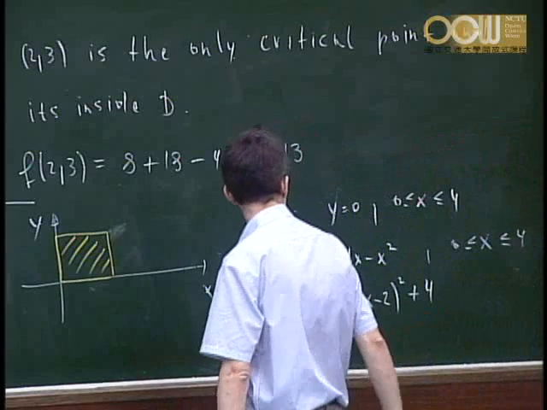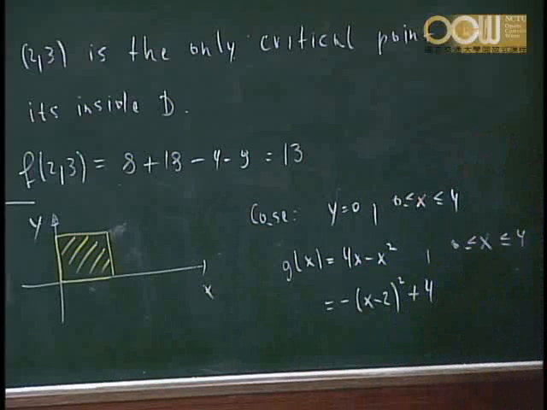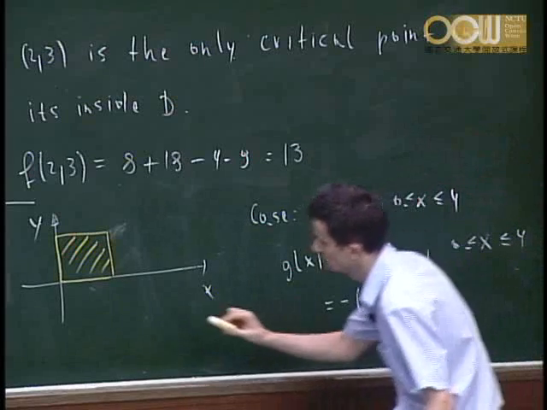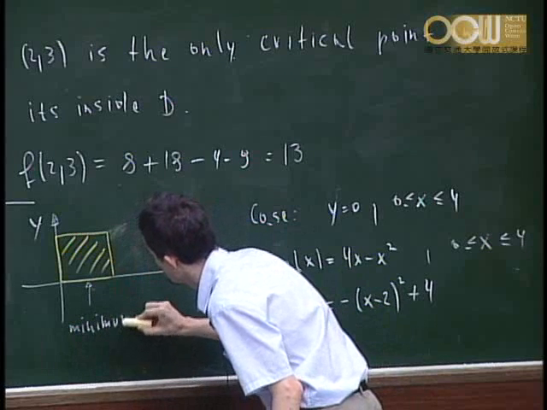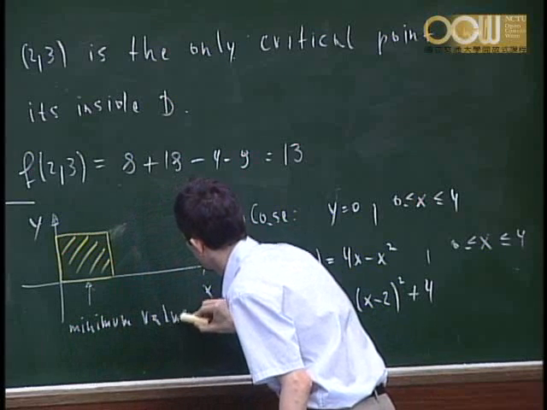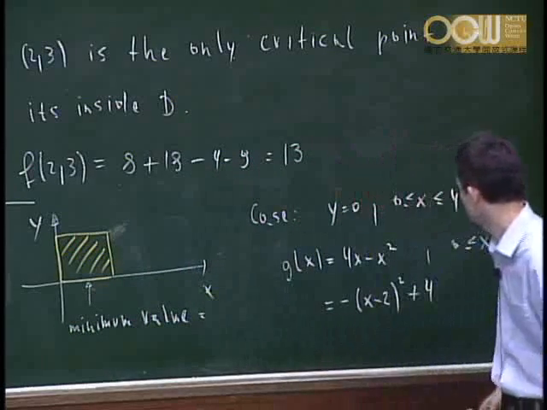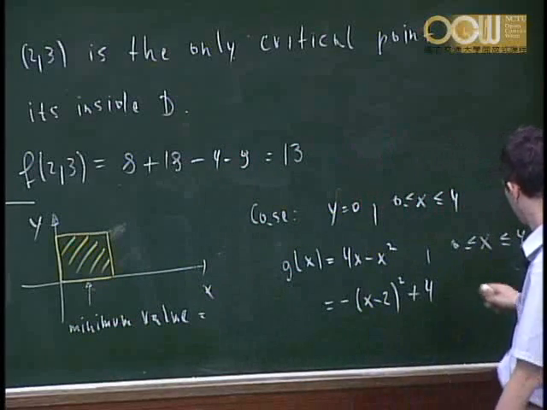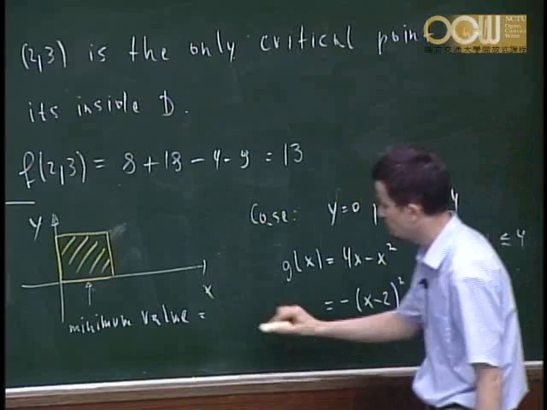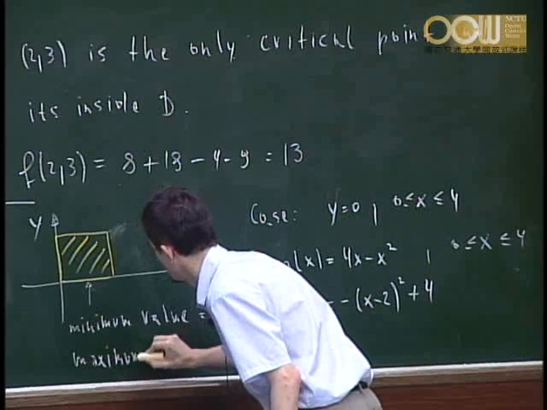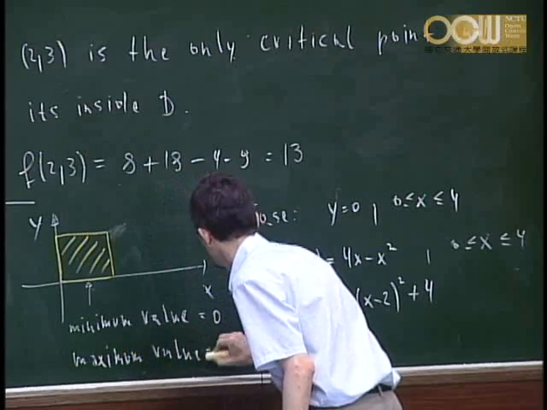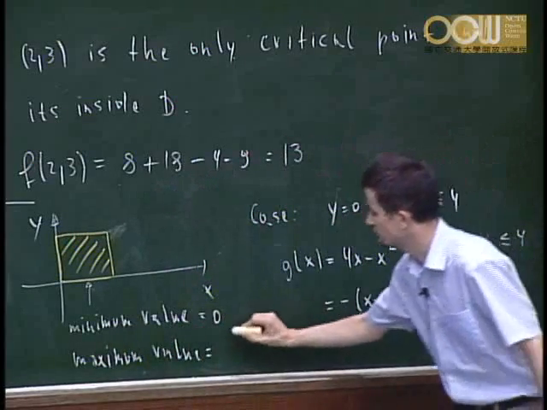You see at the boundary the maximum value is achieved when x is equal to 2, so in this case you have 4. The minimum value is achieved at one of the boundary points, 0, and the maximum value, if x is equal to 2, is 4.